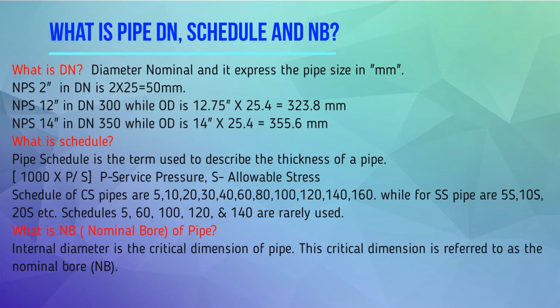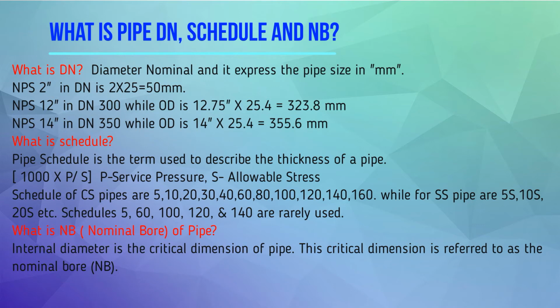For carbon steel pipes, schedules are 5, 10, 20, 30, 40, 60, 80, 100, 120, 140, 160. While for the stainless steel pipes, schedules are in terms like schedule 5S, 10S, 20S, etc. I already explained to you that the schedule S means stainless steel.